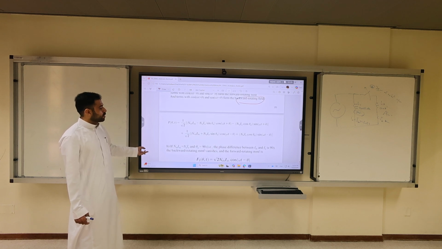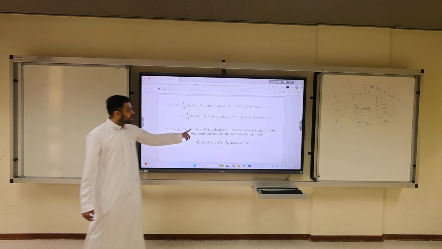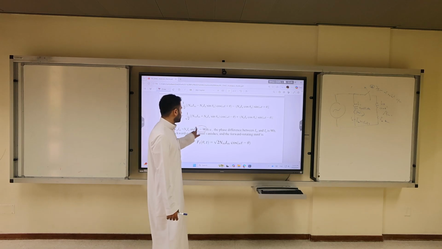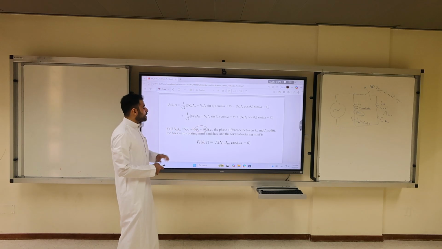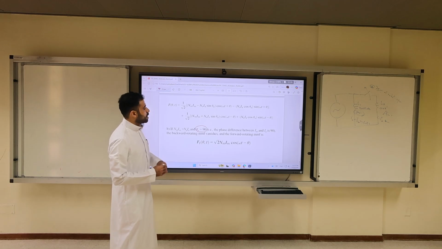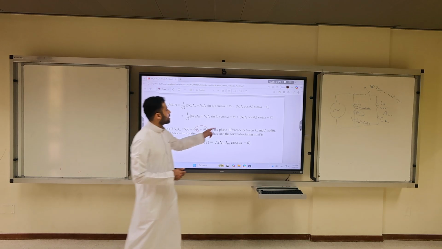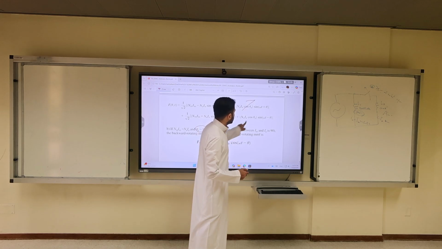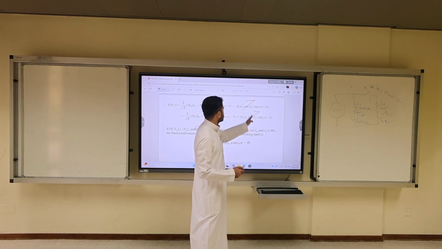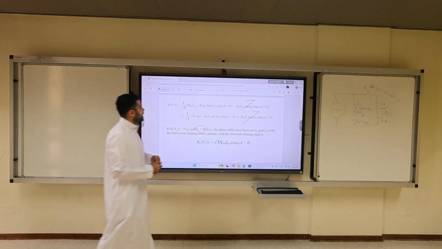Ultimately, what will happen if the theta is 90 degrees? Why? Because they are in quadrature. I would cancel out many of the terms. I would cancel out, for example, this term. This becomes cosine 0. This becomes cosine 90, which is zero. Cosine 90 is zero.